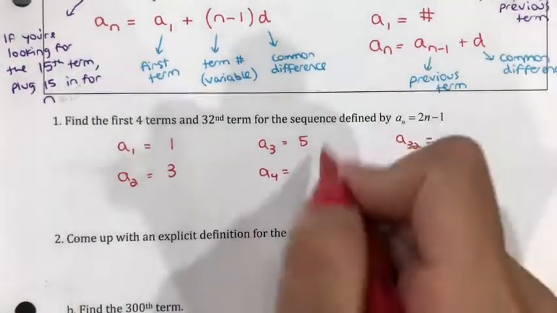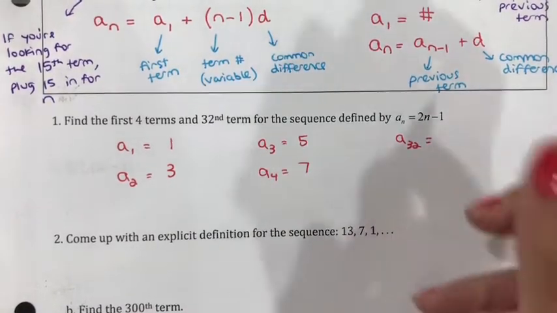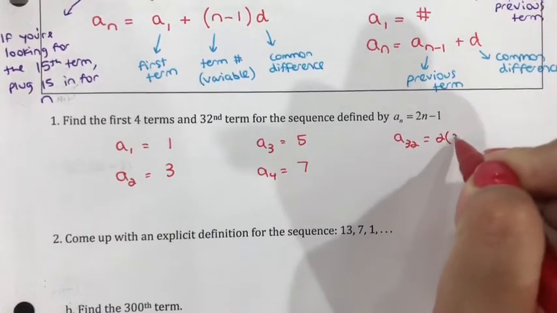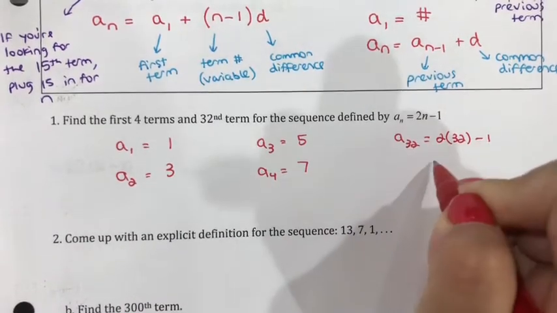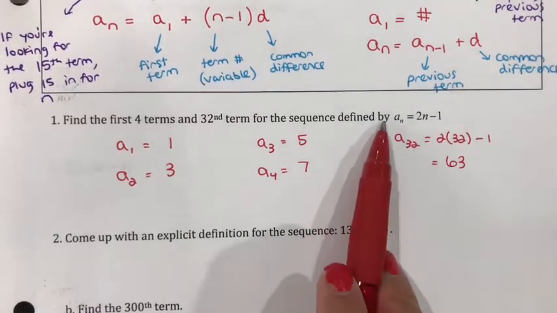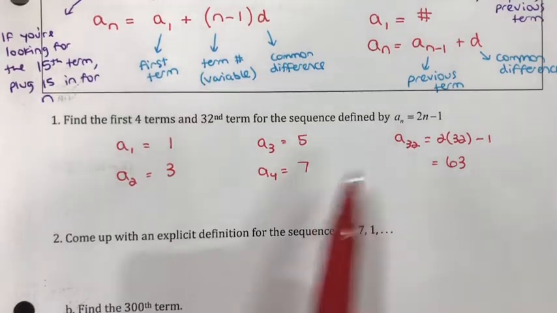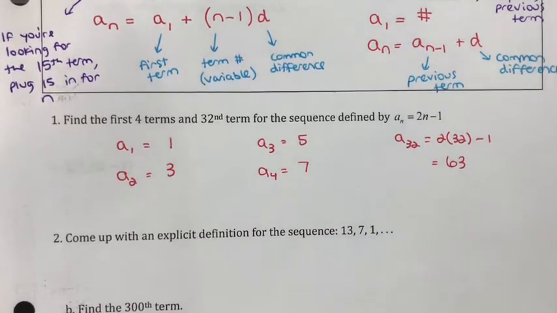Plug 4 in, gives me 7. Plug 32 in. 2 times 32 is 64. Minus 1 gives me 63. We call this an explicit formula because whatever term we're looking for, we just plug that number in.